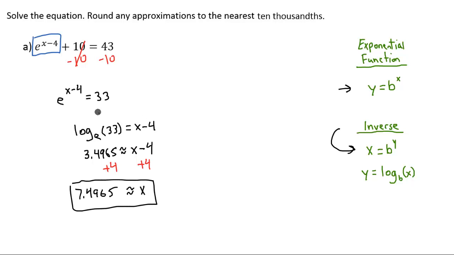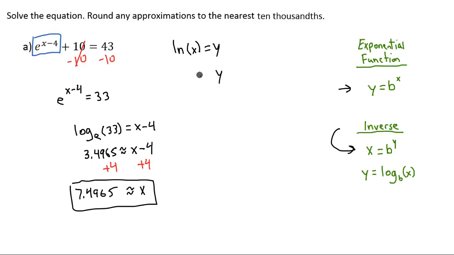So I want to go back here now. Log base e of 33. I said that I could go about that two different ways. And one way is just evaluate it in the calculator as is. But if you don't have a base e in the calculator, you could also use the natural log. And that's written as ln of x equals y.